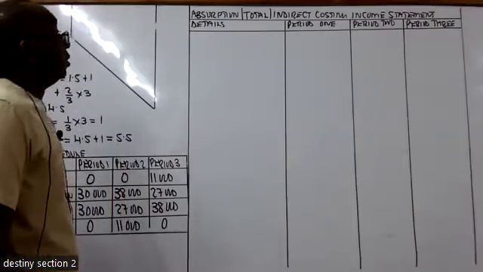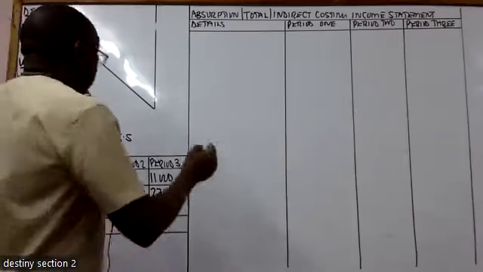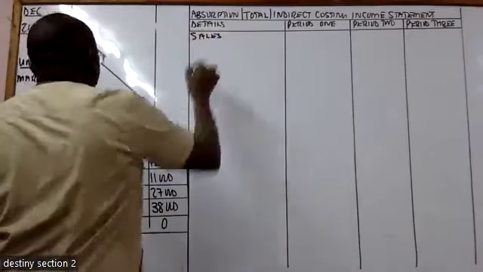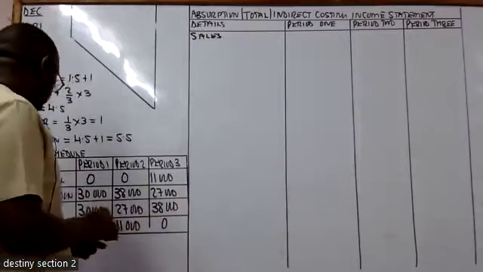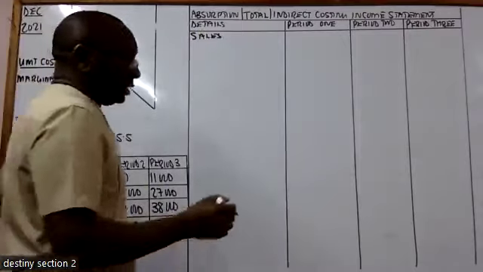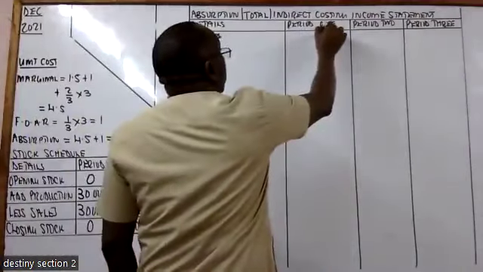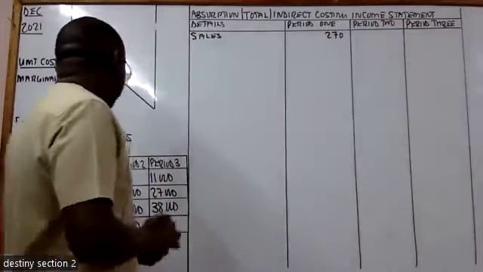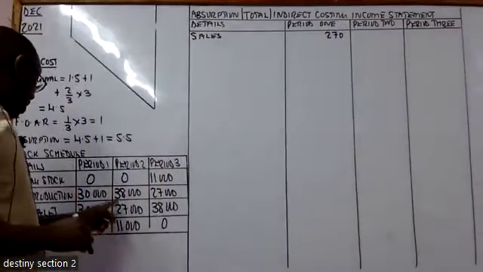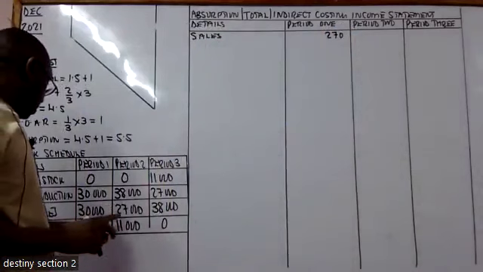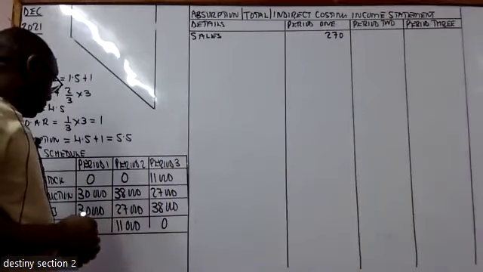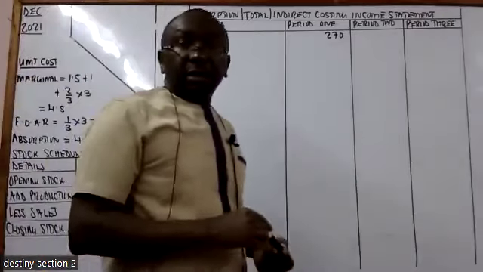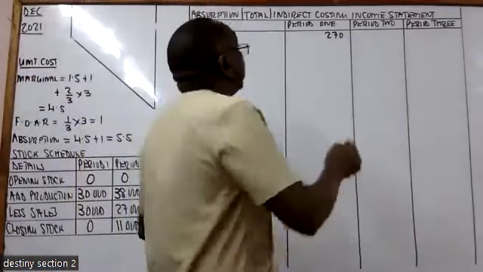So, sales. 9 times 30, I think you had told me that was 270. 9 times 27, ulikuwa umenipea what? 243.